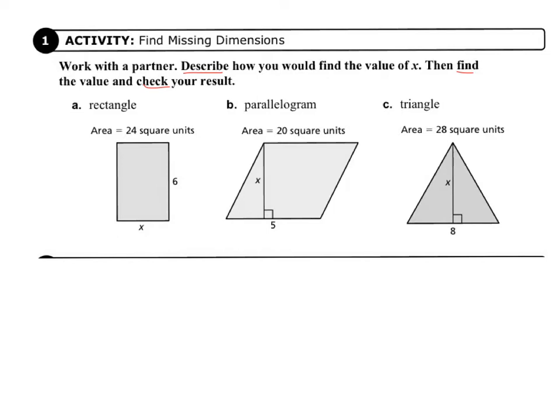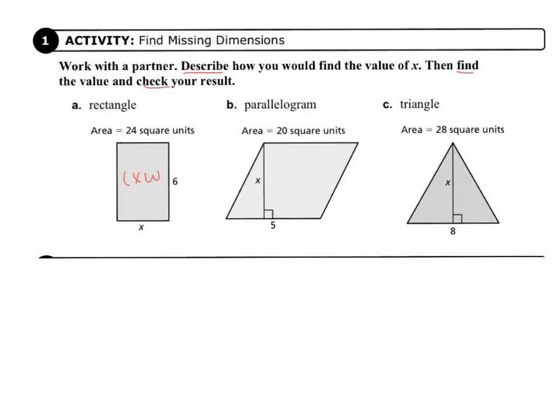So the first thing we need to do with letter A, the rectangle, is remember our formula for finding the area of a rectangle. The formula is length times width, so L times W, and then we need to write our equation. That is our description of how we would find the value of x. First, we write our equation.